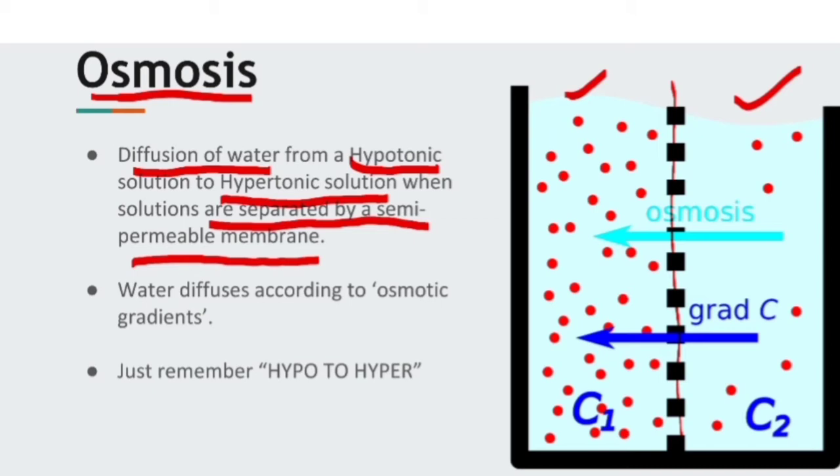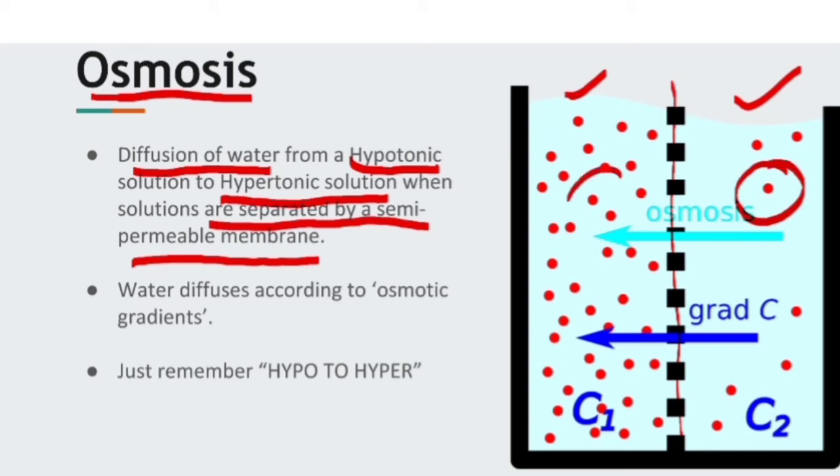So the water moves from a hypotonic solution to a hypertonic solution. What is a hypotonic solution? The solution which has fewer particles is called hypotonic.